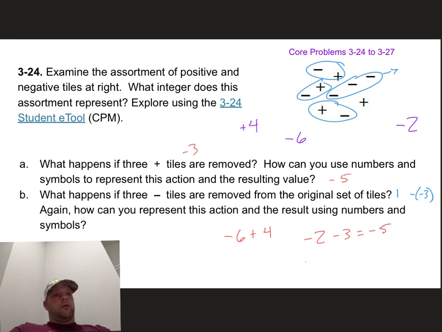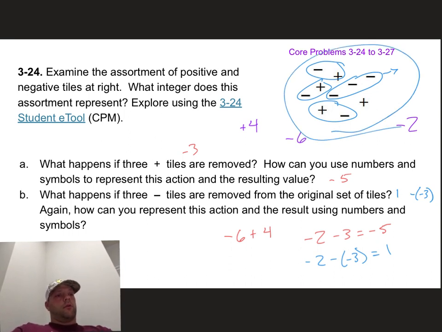And on the other one, we had -2, and we subtracted a -3, and that got us to +1. You can look at that and think about that. You have your visuals up here in the upper right hand corner to help you get to that point.